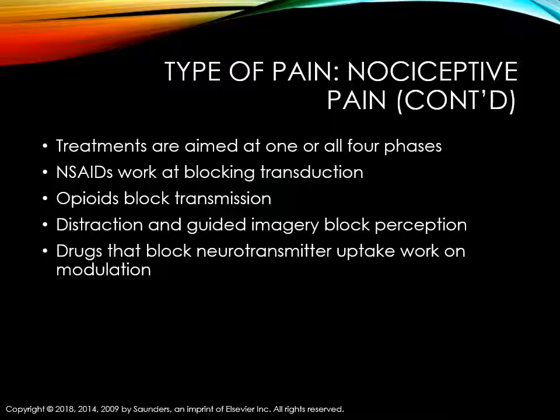Drugs that interfere with the transmission phase include your opiates. Non-pharmacological treatments such as distraction and guided imagery may be effective during the perception phase. Drugs that block neurotransmitter uptake work in the modulation phase.